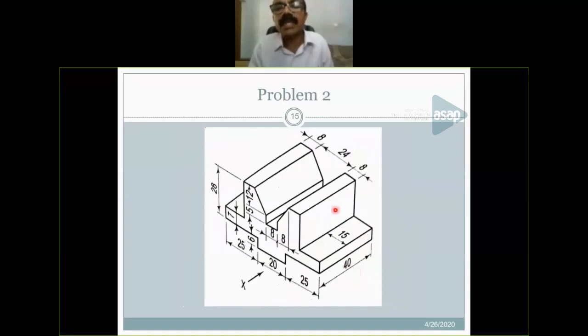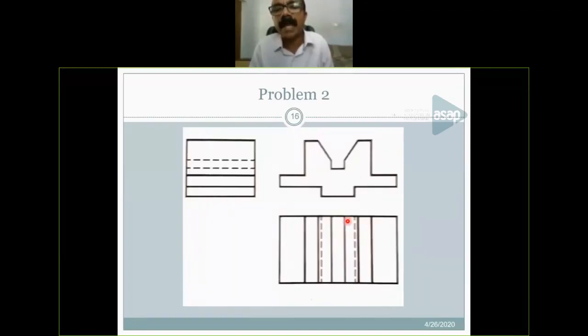Looking from the top of the object, you can see these surfaces. This surface, another rectangular surface, then this inclined surface, and the groove. The side surfaces are not visible. So all these surfaces you can plot in the plan. Please see.